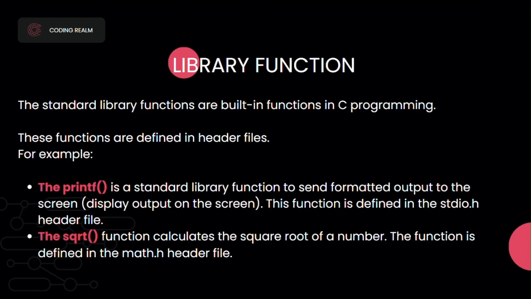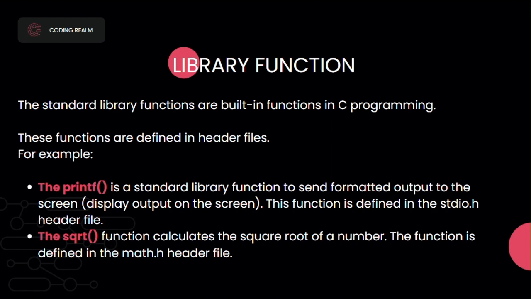But the library function. The standard library functions are built-in functions in C programming. These functions are defined in header files. For example, printf is a standard library function to send formatted output to the screen, to display output on the screen. It's like cout in C++.